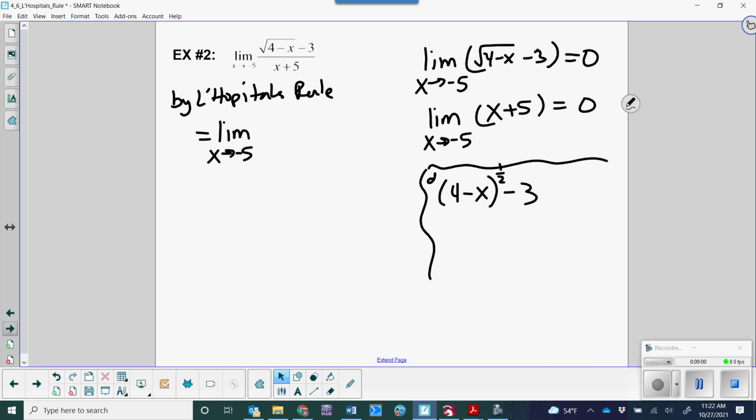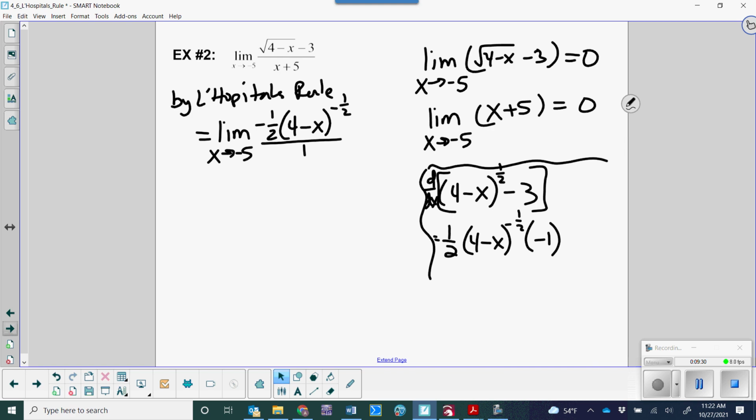So the derivative d dx of that is going to be 1/2 of 4 minus x to the -1/2 times -1, and then the derivative of -3 is 0. And then the derivative on the bottom is 1. So I can actually just write that I got -1/2 (4 minus x) to the -1/2 by L'Hopital's rule.